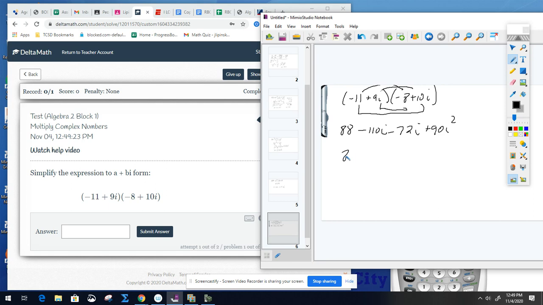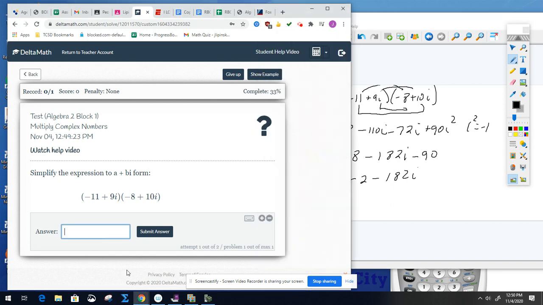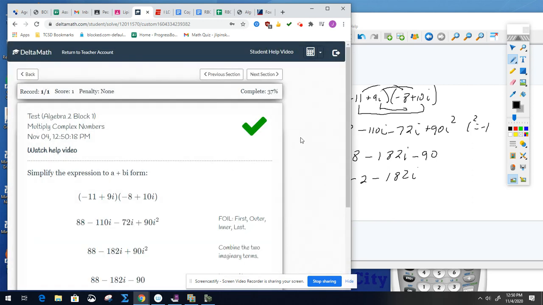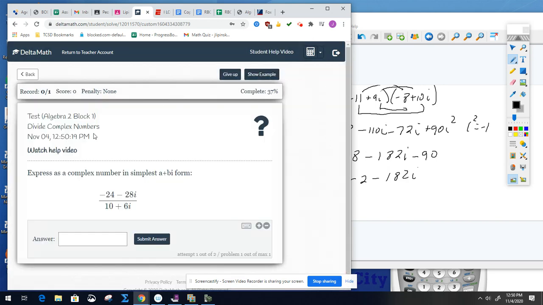So I've got 88. This right here gives me a minus 182i, and this is going to turn to a minus 90 because i squared equals -1. So when I combine these, it's just -2 minus 182i. Again, I would check all these in the calculator before I submitted them just to make sure I didn't screw up a sign somewhere.